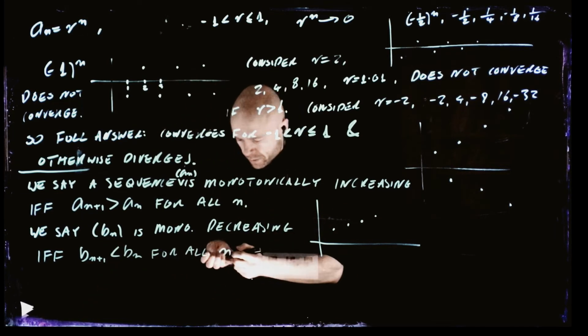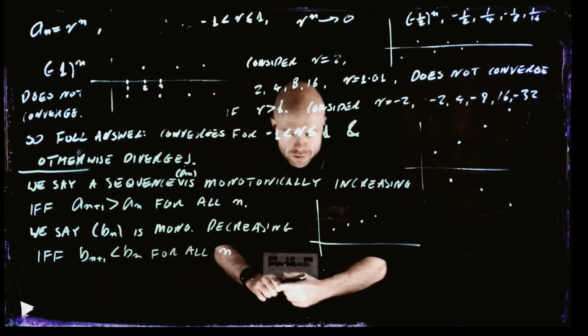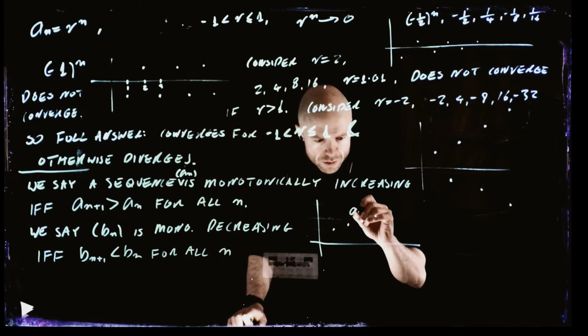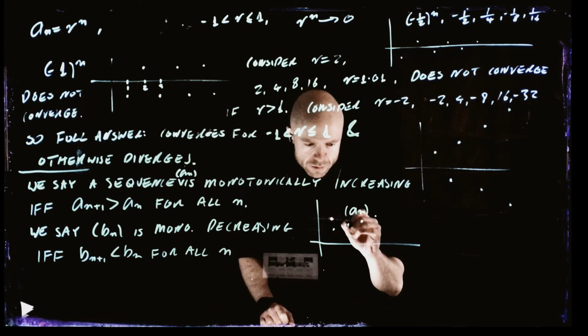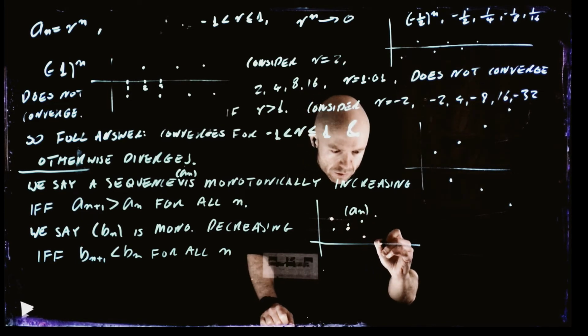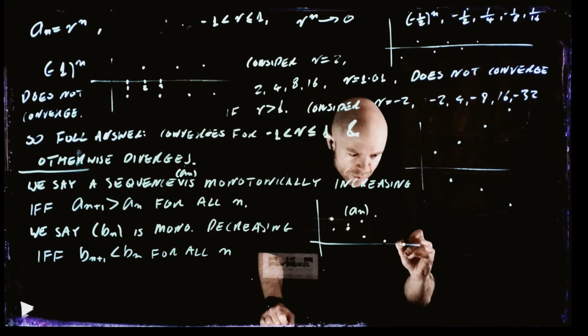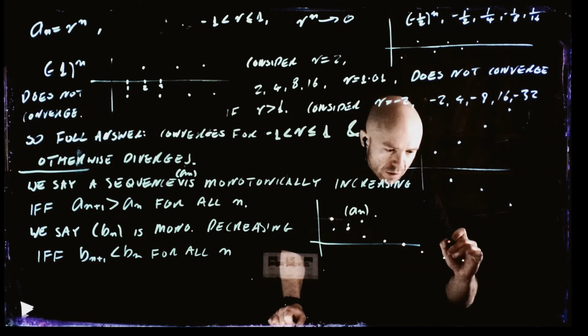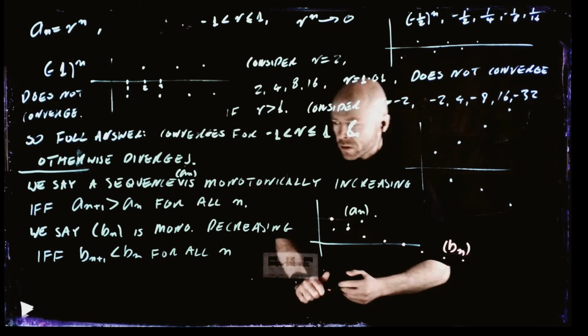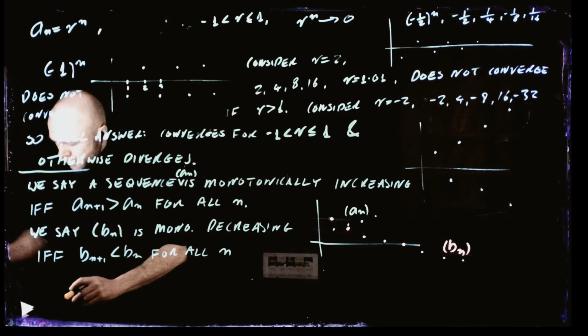So if it's decreasing, you can see what that means, right? This is an increasing guy, a_n. If it's decreasing, then each term is below the last term. It might just be slightly below, but it's definitely below, right? That's decreasing. This is b_n. Cool.